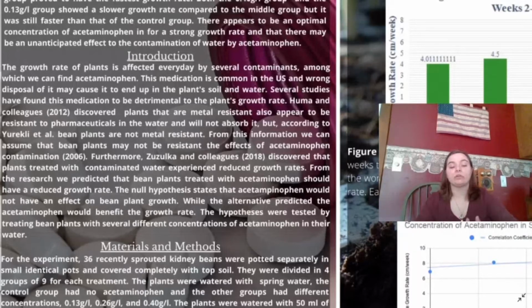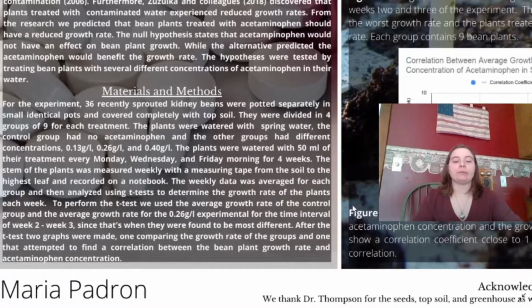After we came up with our hypotheses, we decided to treat the bean plants with different concentrations of acetaminophen in their water. When we set up our experiment, we took 36 recently sprouted kidney beans and potted them separately into their own individual identical pots and covered them with topsoil.